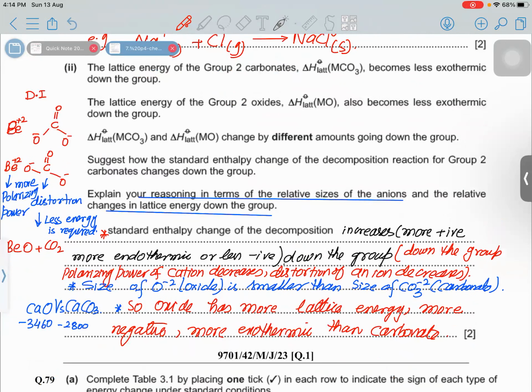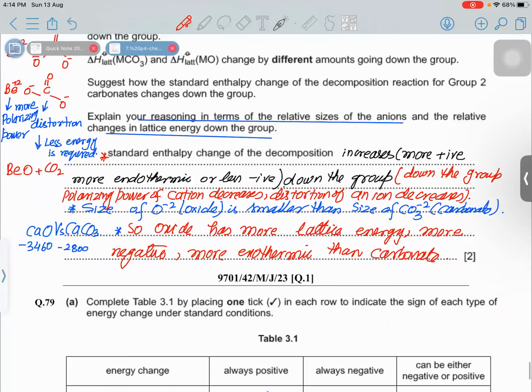So both decrease, but carbonate and metal oxide change by different amounts going down the group. The question asks to suggest how the standard enthalpy change of decomposition changes down the group, explaining in terms of the relative sizes of the anion and the relative changes in lattice energy. Are you getting this question? Yes, sir, I'm getting. Okay.